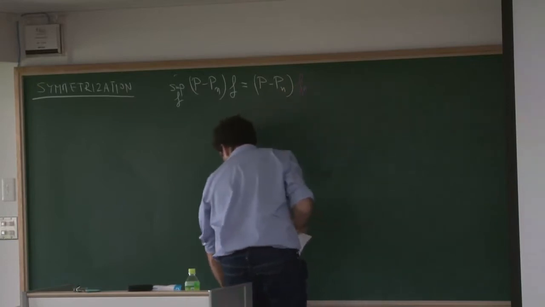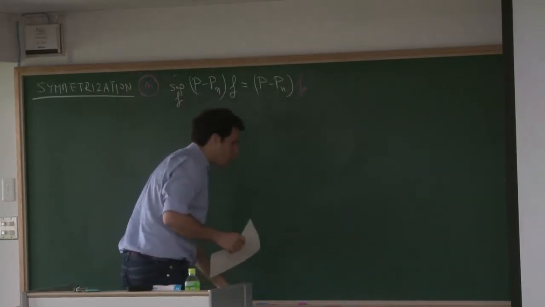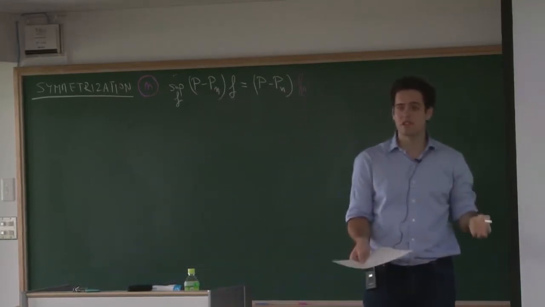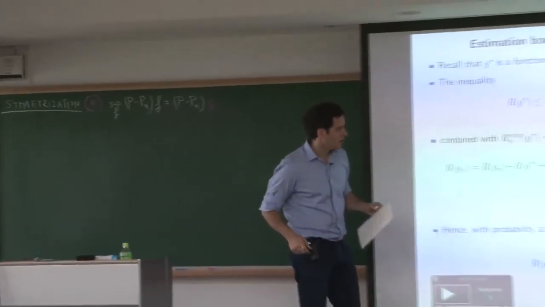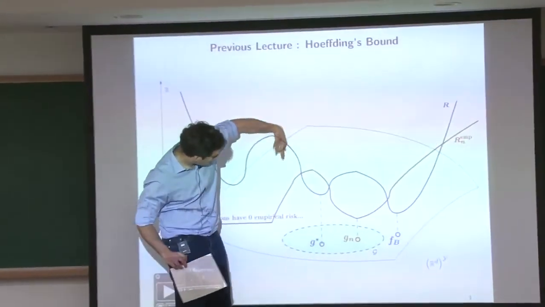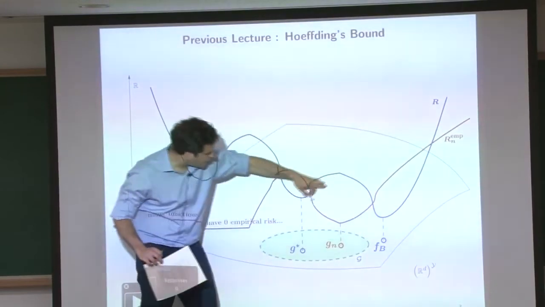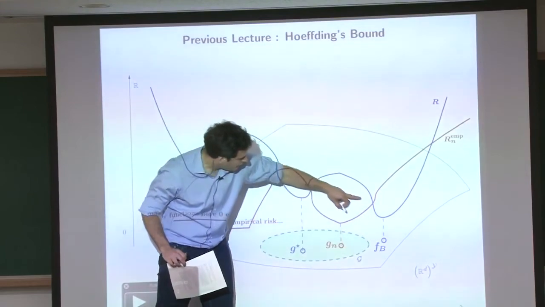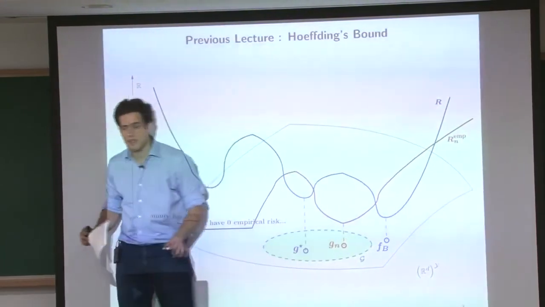So for a sample of size n, I can compute the function for which the gap between the true risk and the empirical risk is maximal. This is like scanning within those elements for the point where the difference between the blue curve and the red curve is maximal. So I call this Fn.